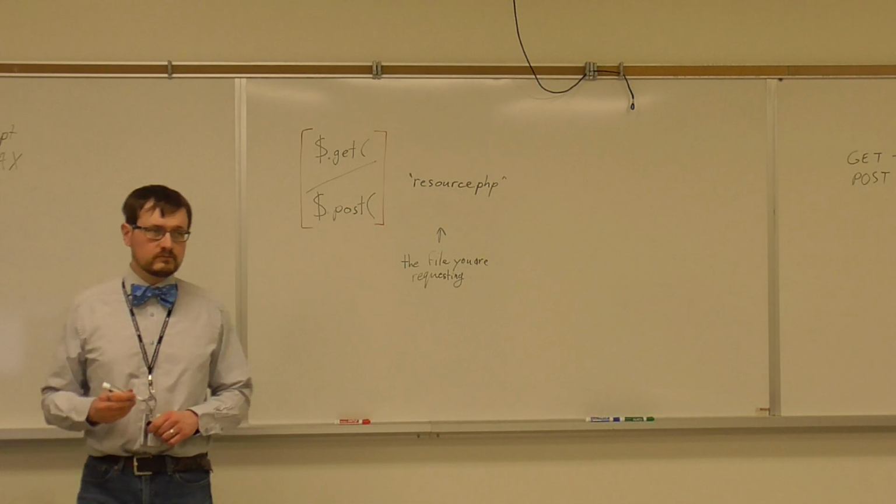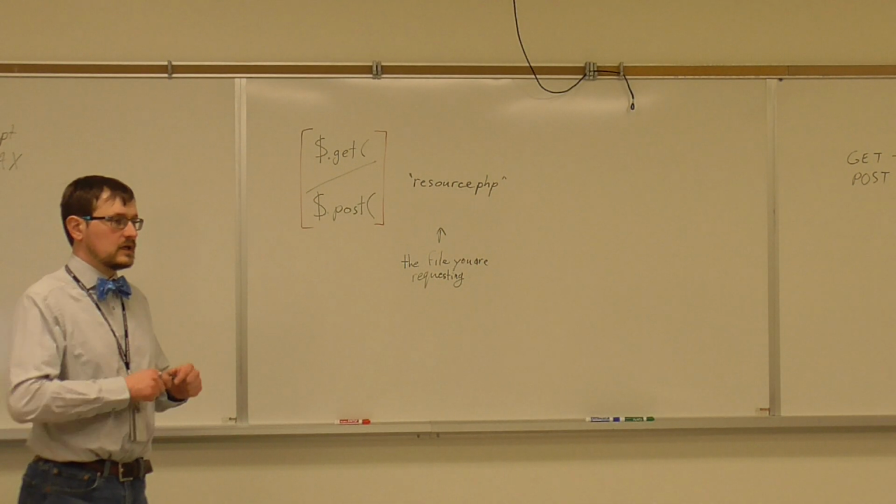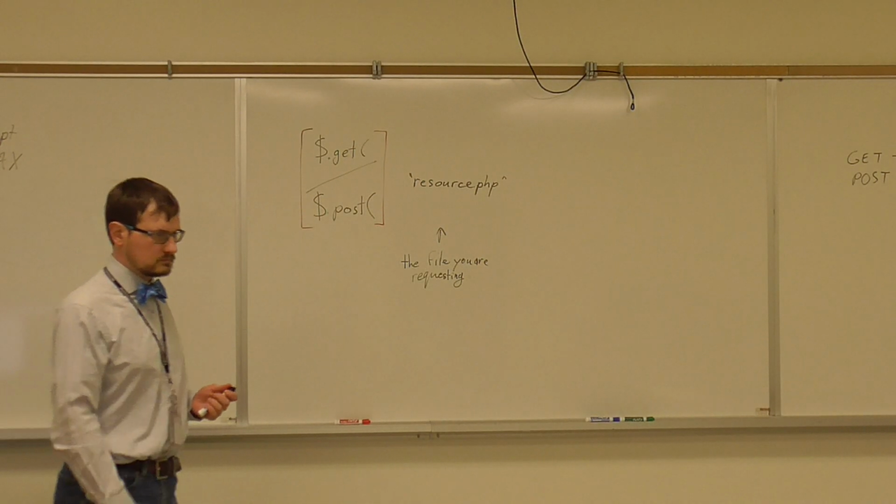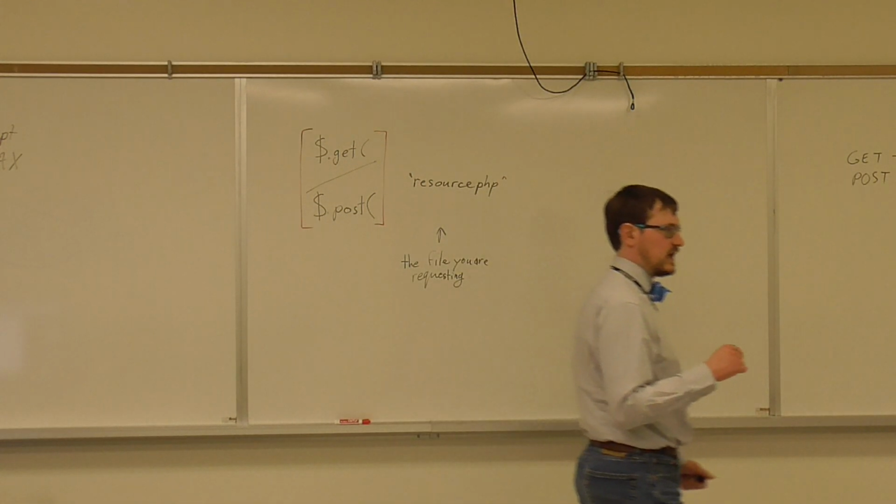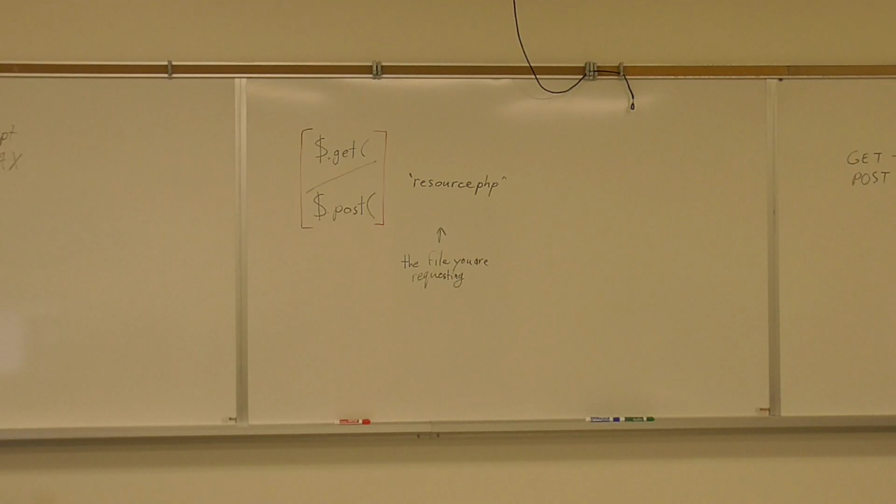The next thing that you need to send is the data. It is not absolutely necessary that you send data whenever you are making an AJAX request, but you certainly need the ability to send data when making an AJAX request.